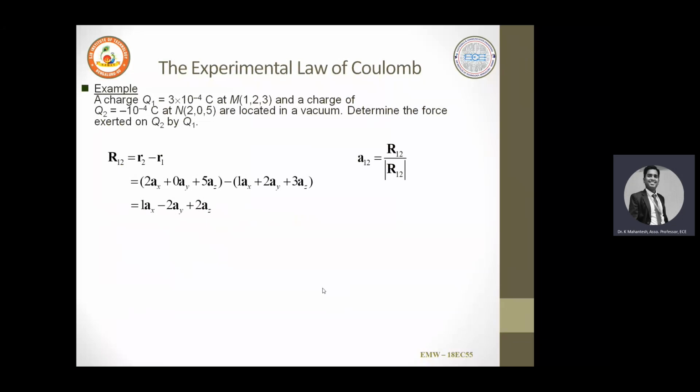Now I'll calculate the unit vector which represents the direction. a12 is equal to vector R12 divided by the magnitude of R12, which gives 1 over 3 times (ax minus 2ay plus 2az).